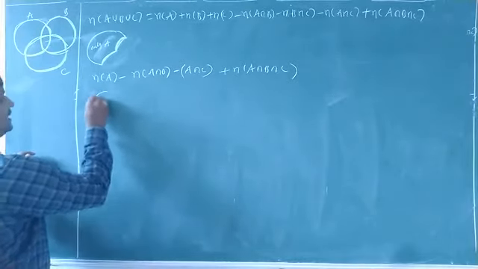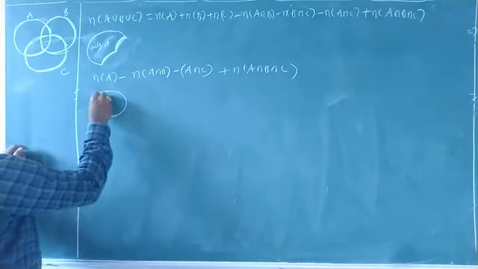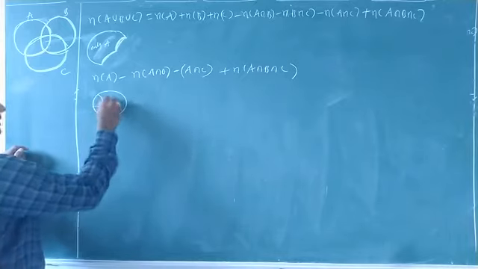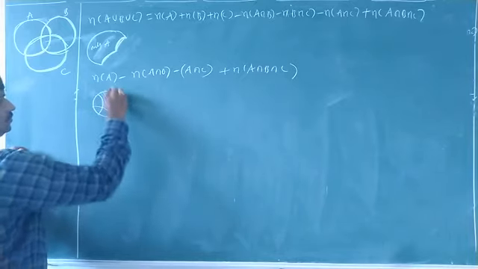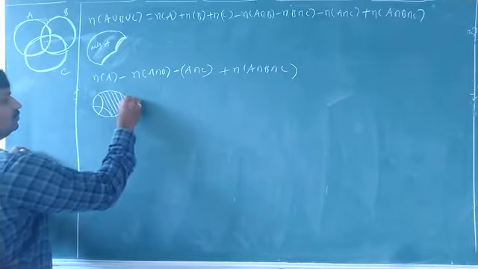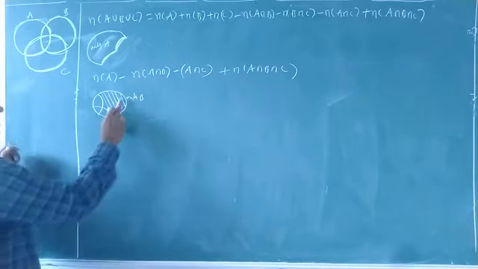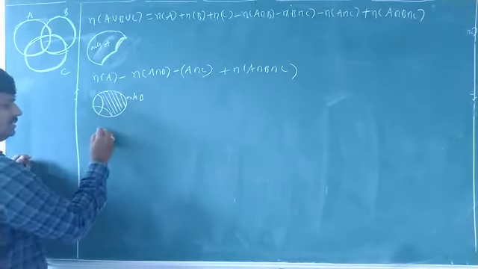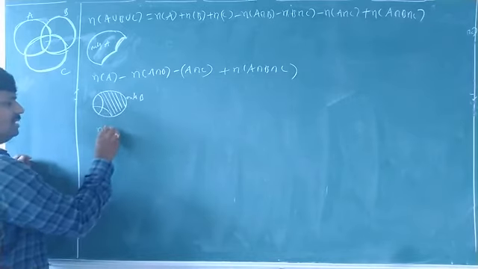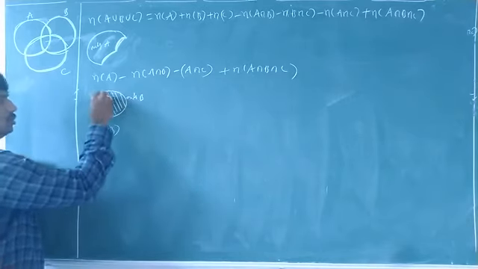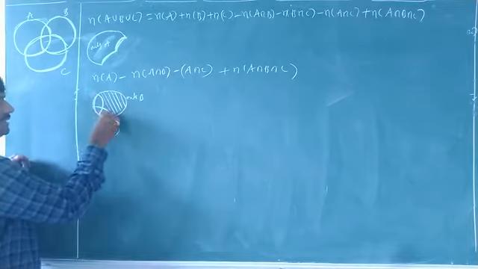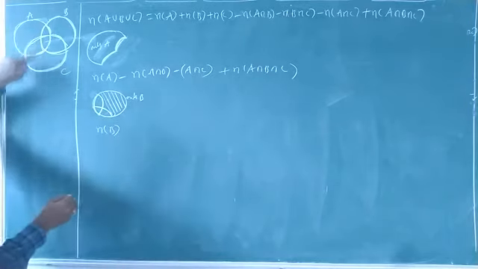Only B means it is circle B. In that circle B, what is there? This part only B. How can I get only B? Only B means number of B, total circle, and what would I remove? This intersection part. What is that one?